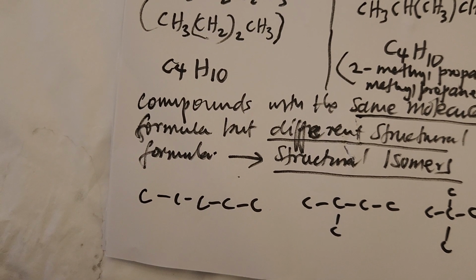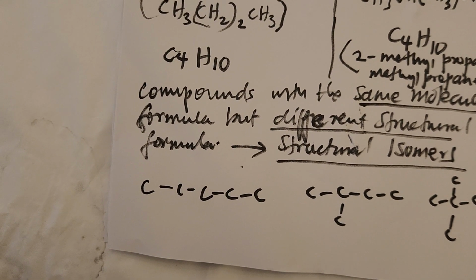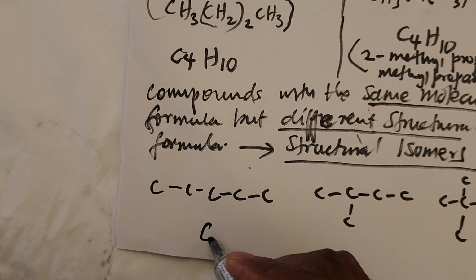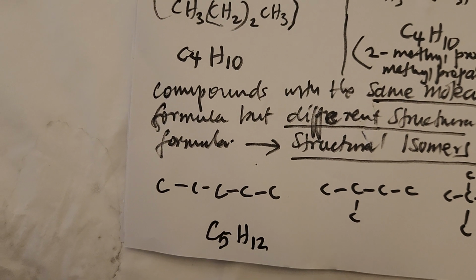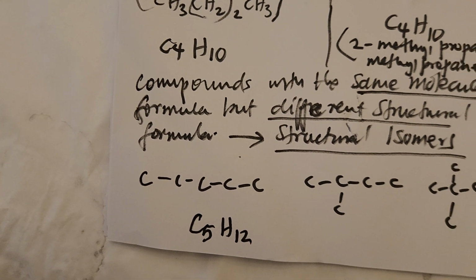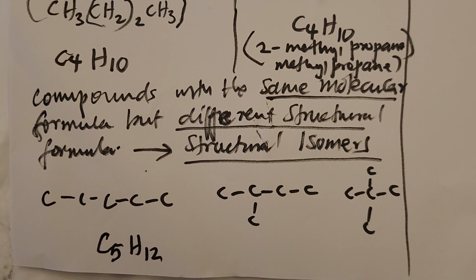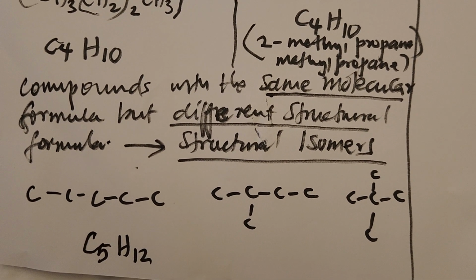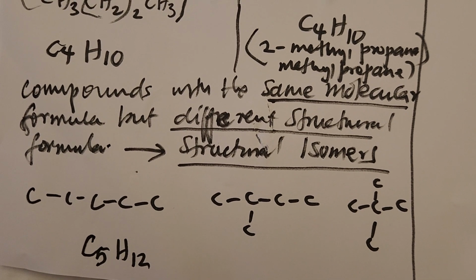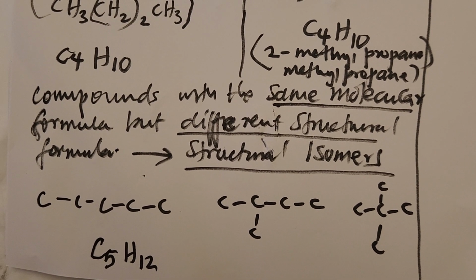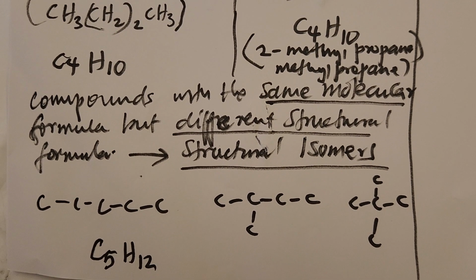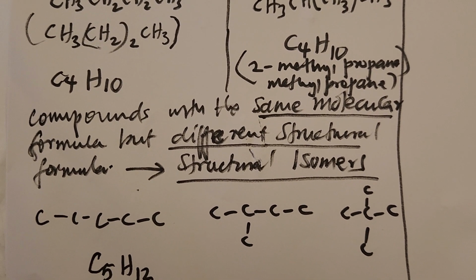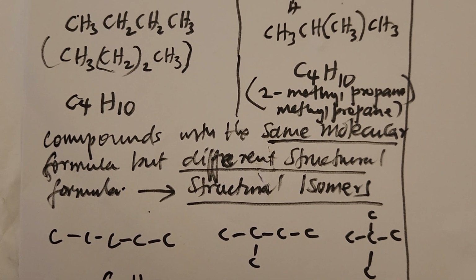Go and check how you draw these 3. It means that C5H12 will have these 3 structural isomers. We'll classify them beyond structural isomers in the next few topics, next sections that we'll be talking about.